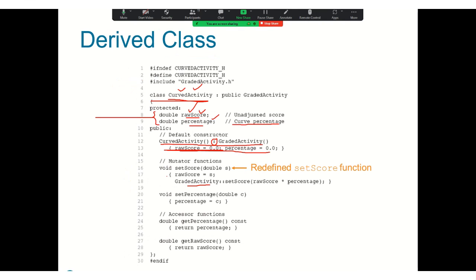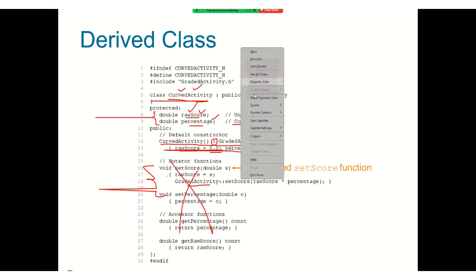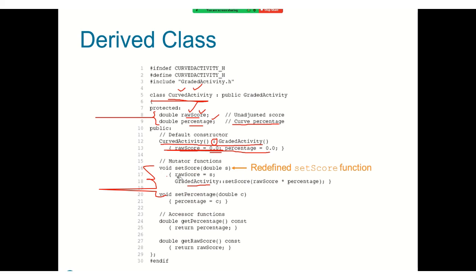But would it do anything to the raw score? What will be the value of the raw score if you don't define it here? The value of the raw score will be zero, because if these lines don't exist here, it will be zero. But we define them in order to override the previous definitions.